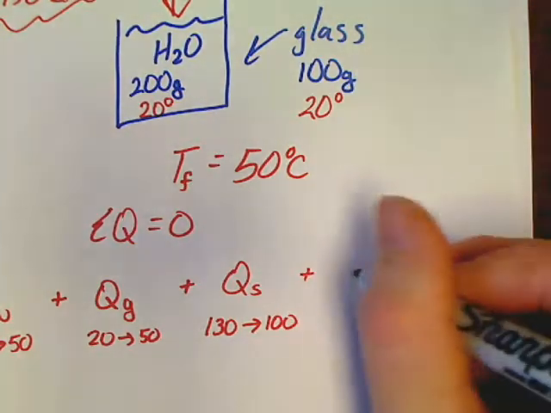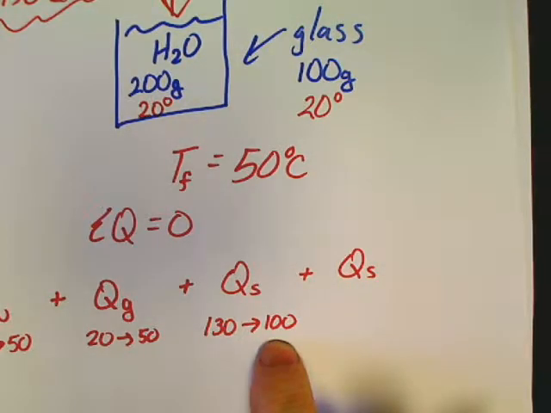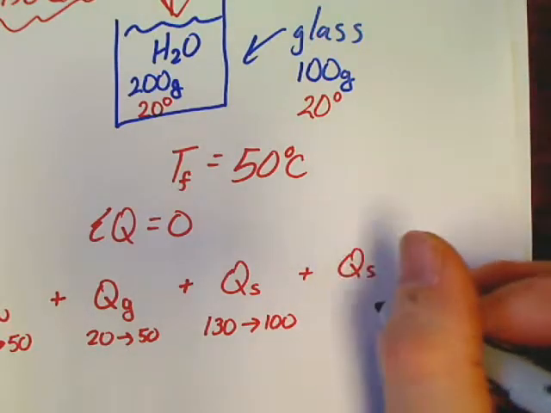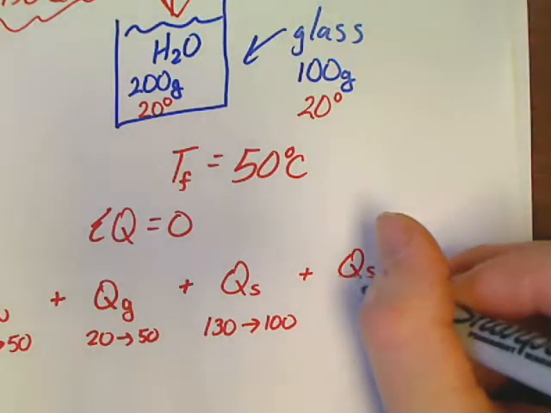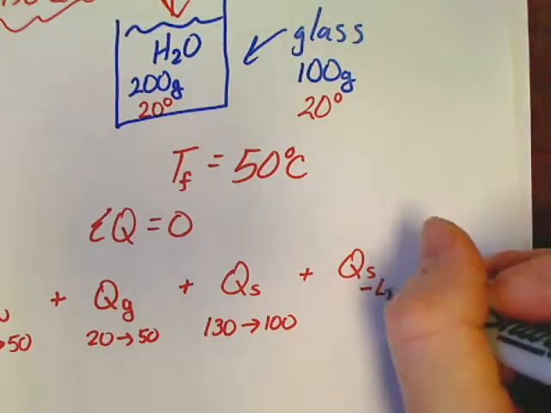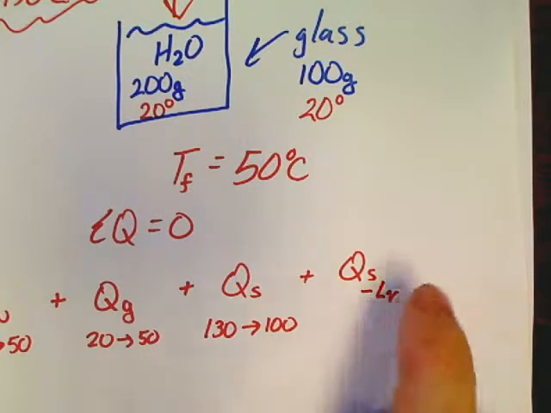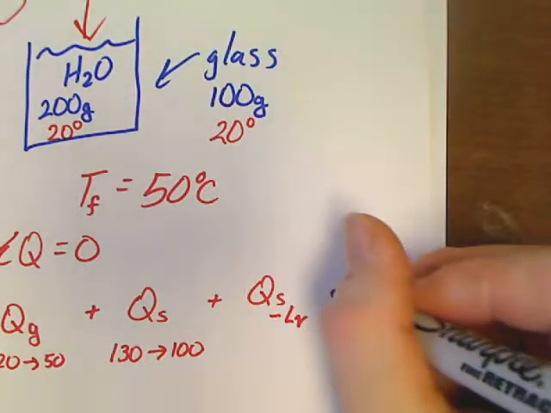Now, we ain't done yet. Once you get the steam down to 100, the steam can actually change, or not change temperature. Once it's actually down to 100, notice this, I'm going to write negative LV. The steam is going to lose energy and turn into water. Oh my goodness, it's getting crazy.